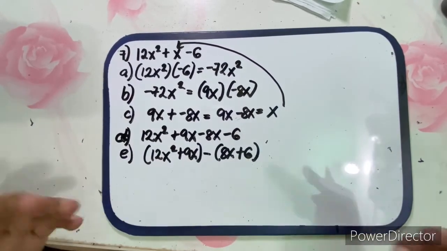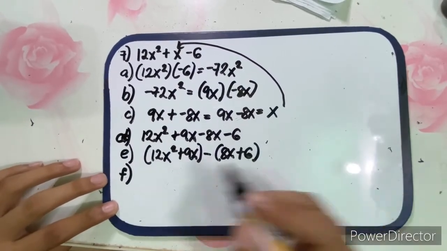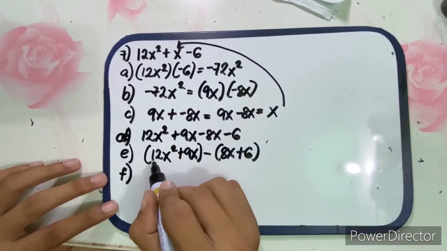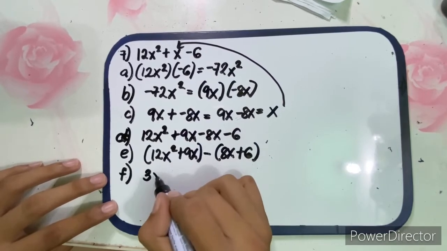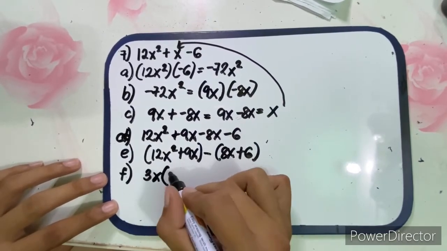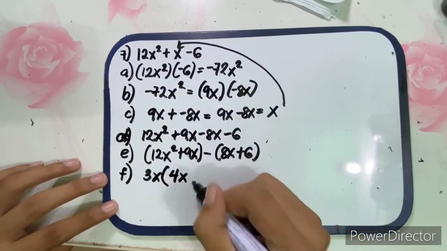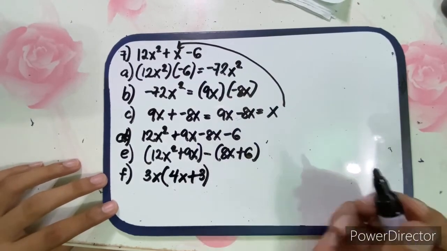So that's the rule. Then for letter F, now we will get the common monomial factor. Here, we have 12 and 9, we have 3, right? Then common variable x. So the remaining factor here is 12 divided by 3, 4. x squared divided by x is x. Plus 9x divided by 3x is 3.